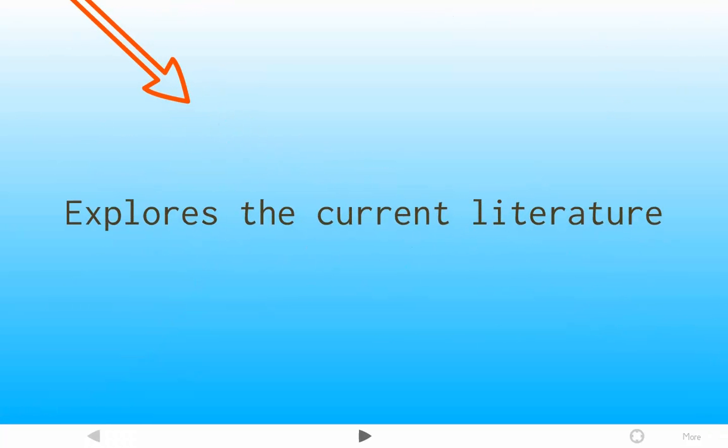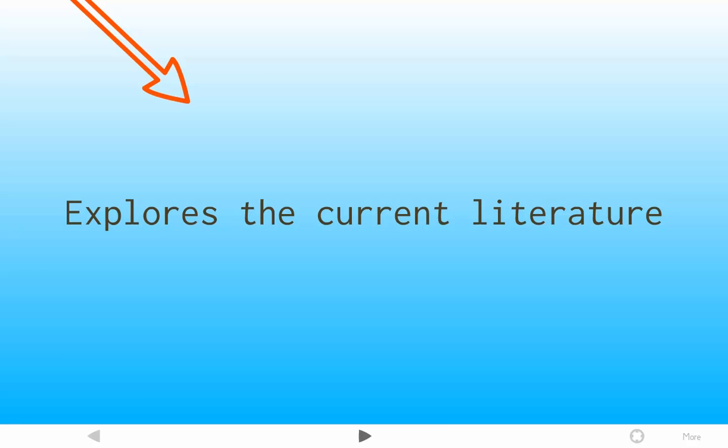It's going to explore the current literature. What are people doing now? A lot of times somebody does some research, they are going to get that published in a journal, and then they're going to write a book about it. So you may see the same type of research sifting through the different layers of research.